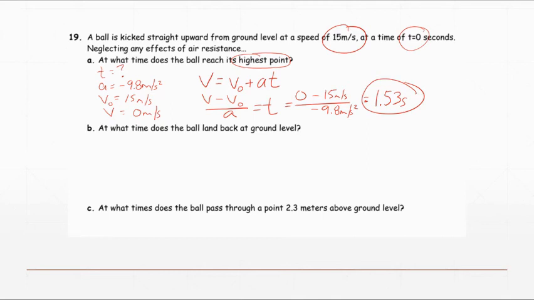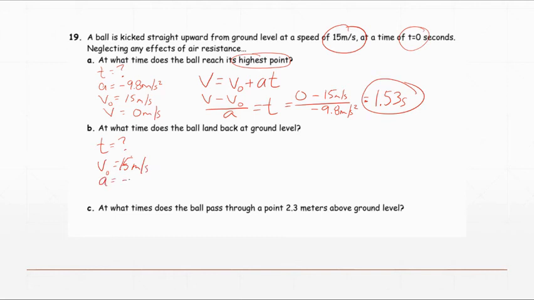At what time does the ball land back at ground level? So we're looking for time, okay? We have our initial velocity of 15 meters per second.